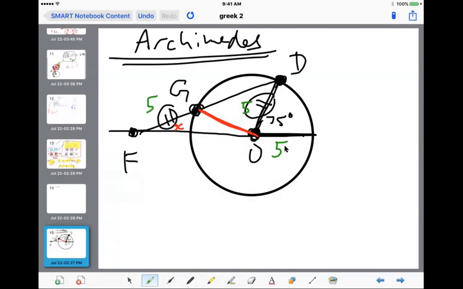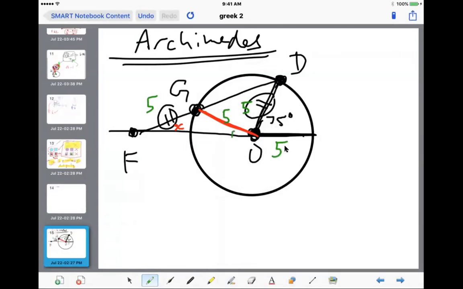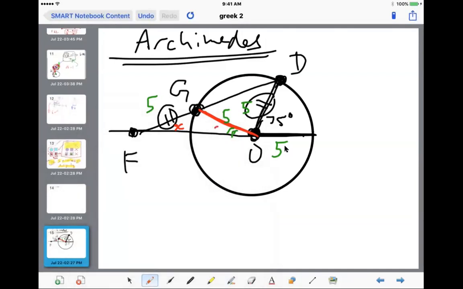It's the radius, so GO and DO are equal. So what can you say about angle GOF? Yes, it's X also, because that is an isosceles triangle. If these two sides are equal, it's an isosceles triangle.